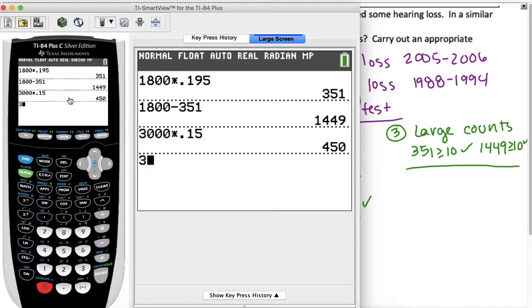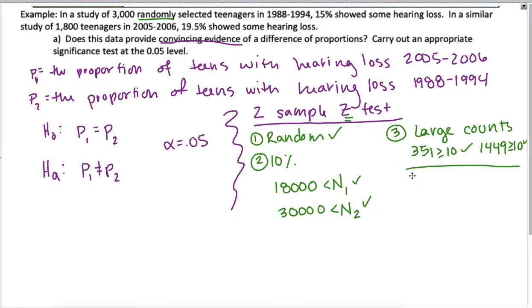I'm going to go ahead and grab that other number here. 3,000 minus 450, and so we get 2,550, so 450. Both of those numbers are quite large there. So they've taken a large enough sample to make sure that this will become approximately normal. We've met that z condition, that normal approximation here.